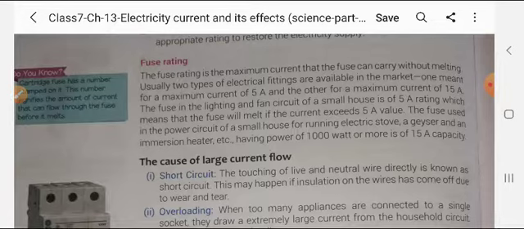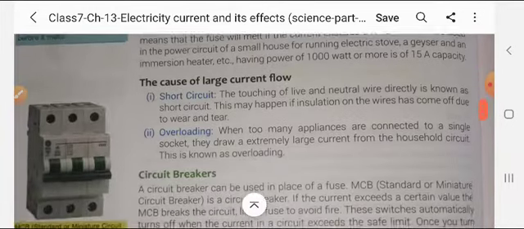In that condition, the fuse used in those houses must be of 15 ampere capacity, so that it could bear a load up to 15 ampere. If it is more than 15 ampere, then the fuse will melt and the electric supply in that house will break.